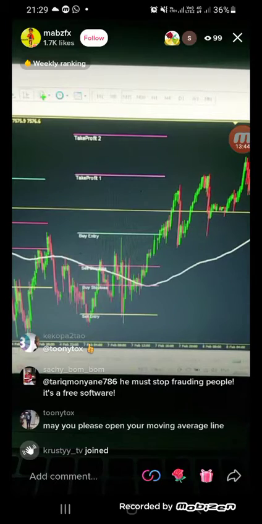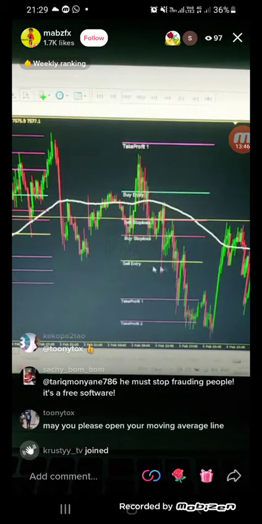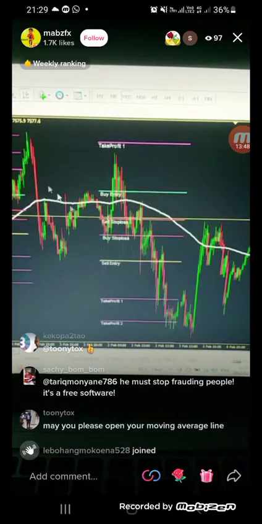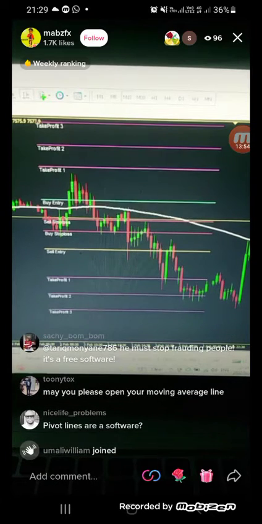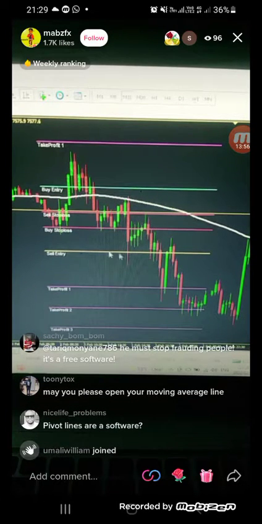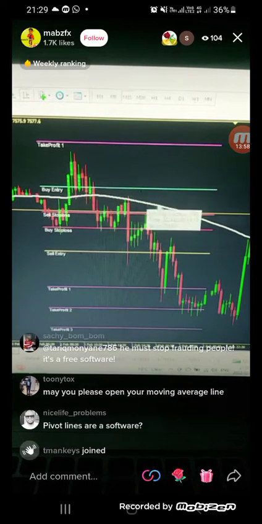Moving over to the sell scenario, let's see where there was a sell trade. There was a sell trade right here. This is just a sample chart, guys, on UK 100. It's an index. So for a sell trade, you look at this 100 period moving average right there, and underneath it you only take sell trades.